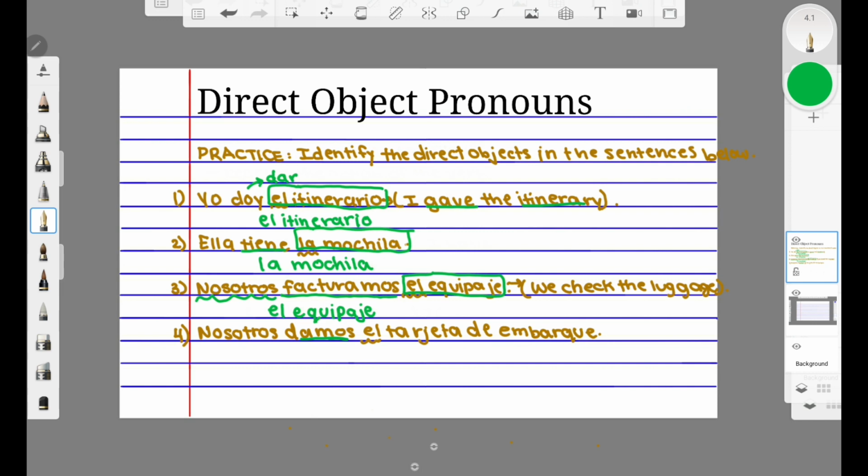So that also means to give. So that means we gave the tarjeta de embarque, the boarding pass. So now that we have that in mind, we can say that this entire thing, el tarjeta de embarque, is our direct object.